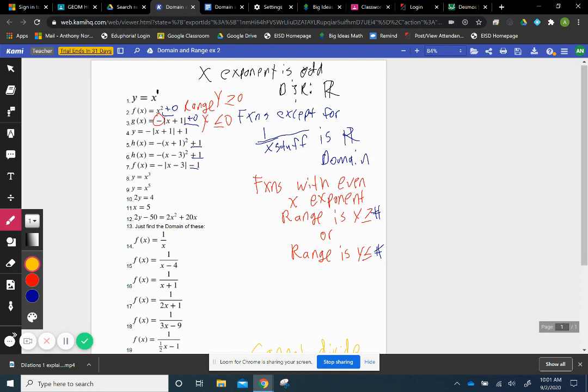Y is going to be less than or equal when there's a negative in front, and greater than or equal to when there's no negative in front. So looking at that information, you can solve most of these without needing to ever put in your calculator.